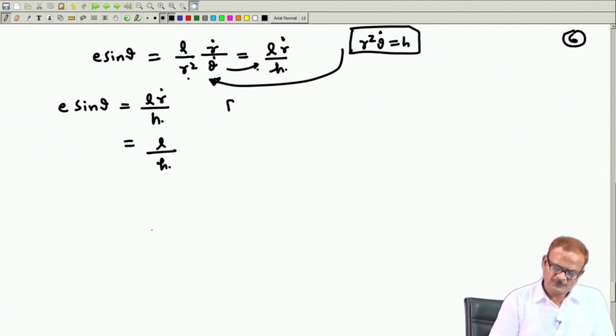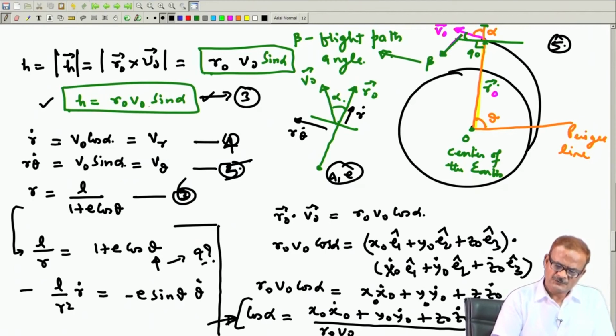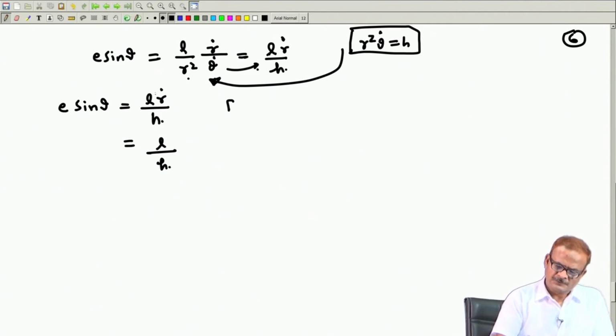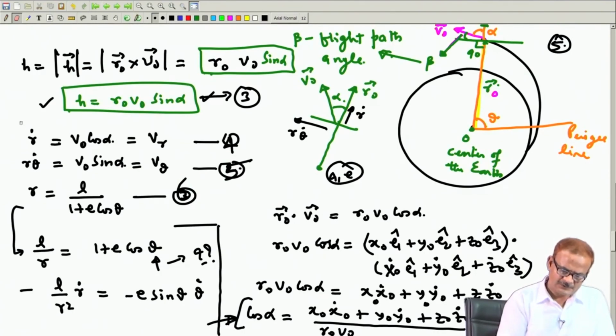Actually, what we are trying to do is express everything in terms of r 0, v 0 and alpha. So, we can reduce this part. R dot we are already aware of, we have written it here. So, r dot is v 0 cos alpha.